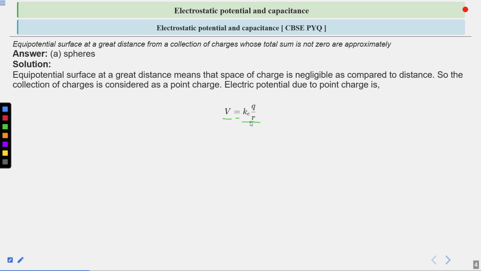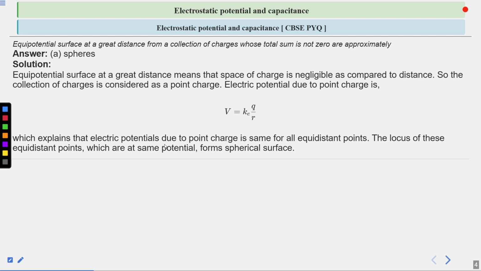So by joining the locus of these points, we will get which surface? Sphere. So what is the locus basically? Locus is the surface or any curve that is formed by putting some condition and joining the points.